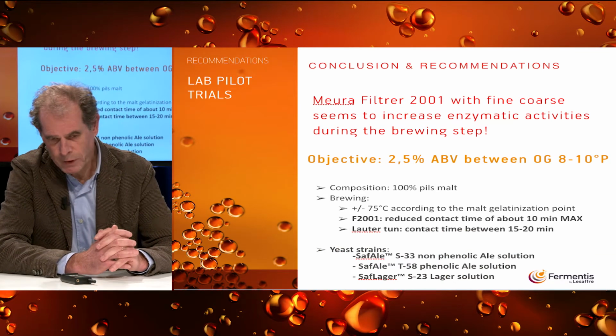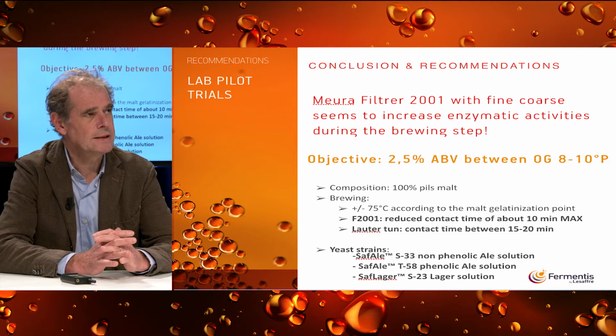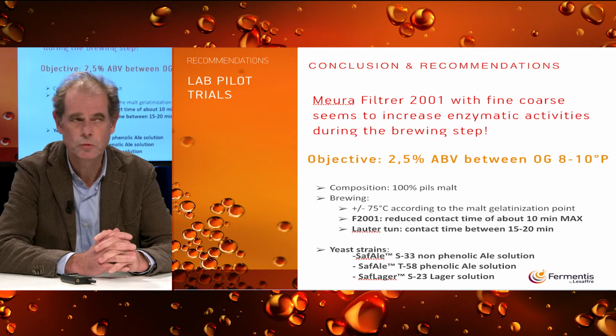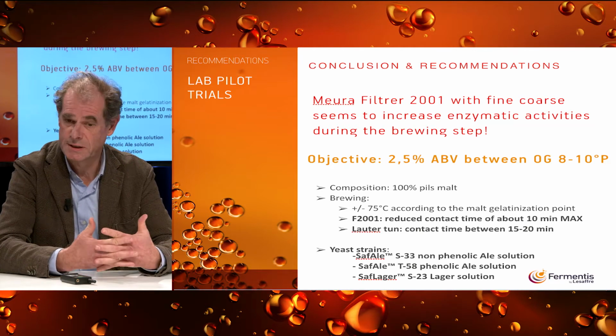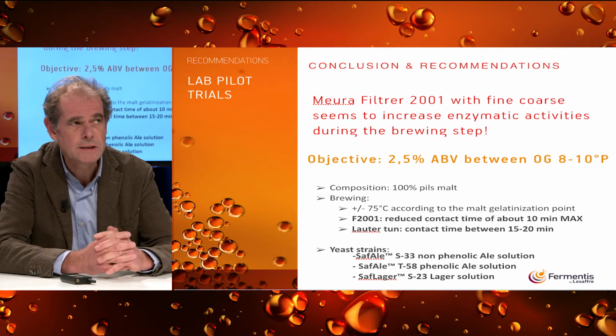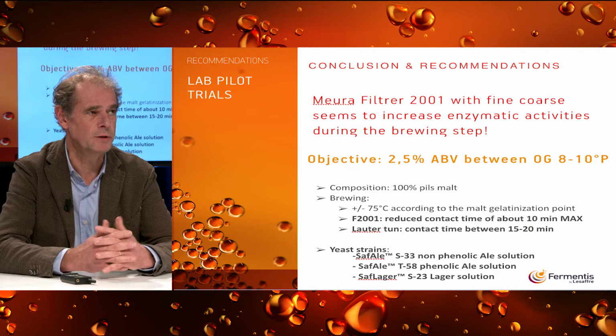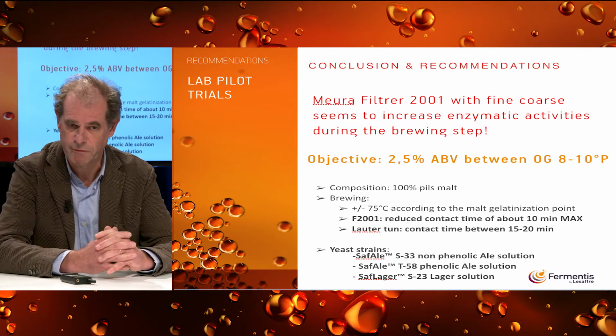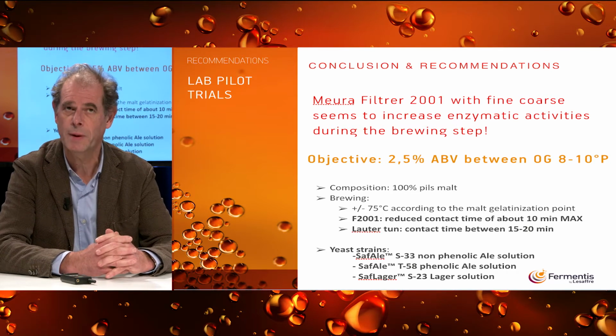So our recollection from this process is that the Mura filter 2001, which uses a fine coarse milling, seems to increase the enzymatic activities during the brewing step, which means that we have a higher degradation than expected.